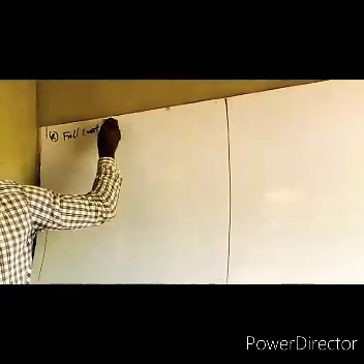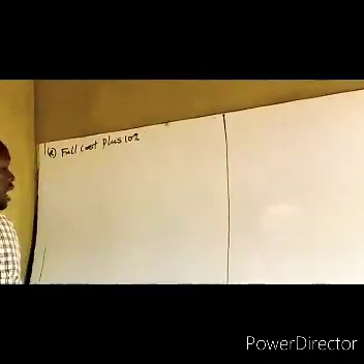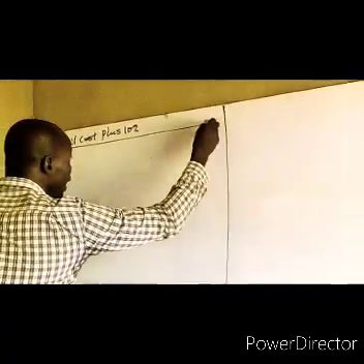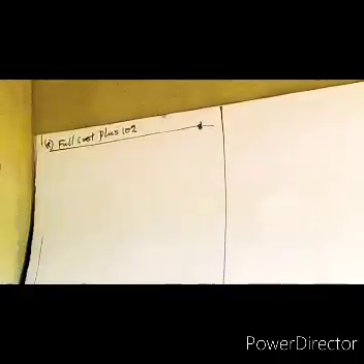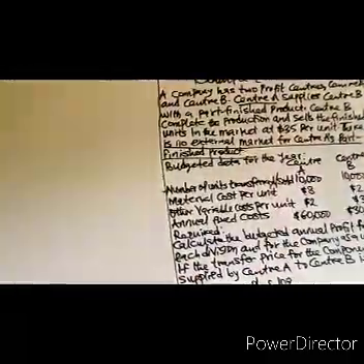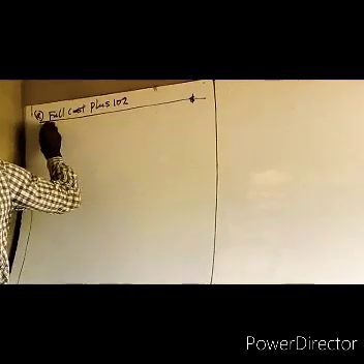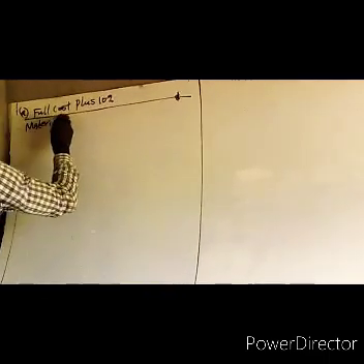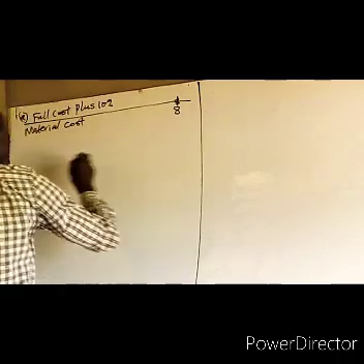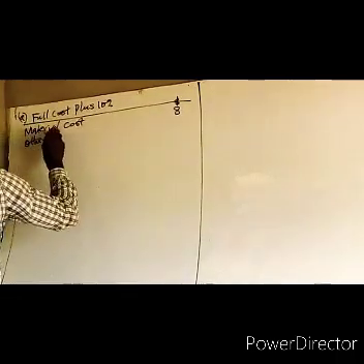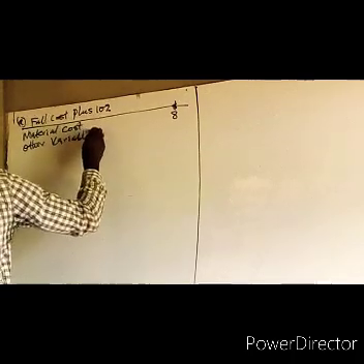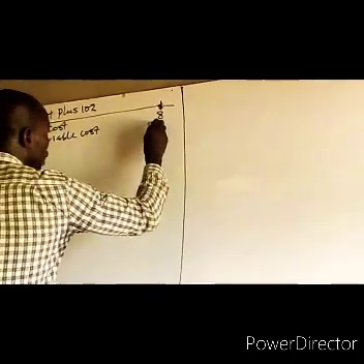Full cost plus 10%. The full cost means the total cost. You have the cost which includes material cost per unit $8, other variable cost per unit, and that is given to be $2.